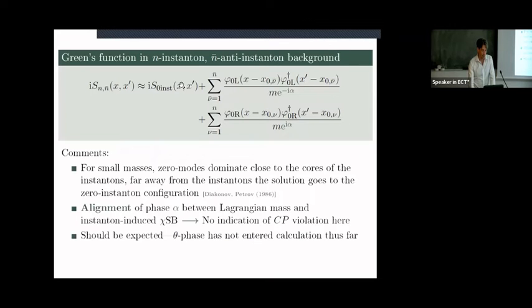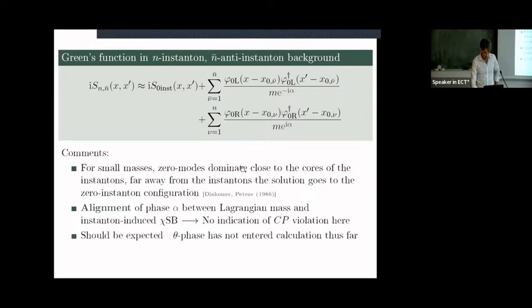This contribution is suppressed non-perturbatively by the tunneling action I need to do to create instantons. And of course, I must not forget the leading contribution, which is what is happening in the background of zero instantons. Anywhere between these instantons, roughly, I have this standard Dirac propagator. And here I have these extra contributions because of instantons and anti-instantons.